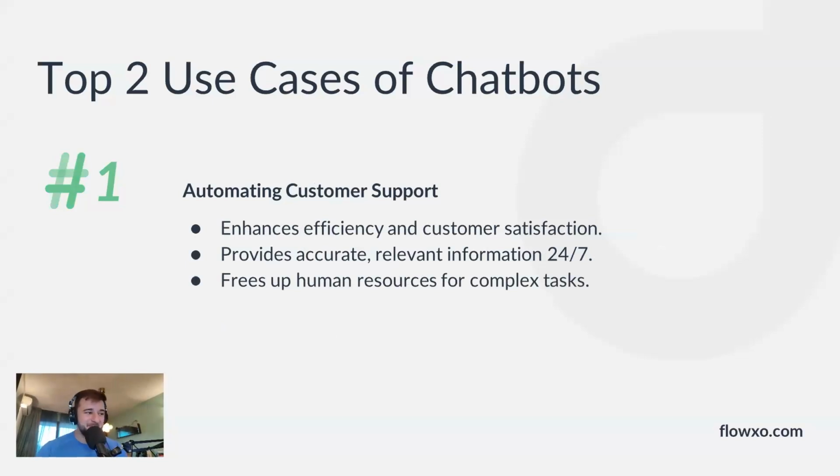This is where you would enhance efficiency and customer satisfaction. You would provide accurate and relevant information 24/7. And in fact, another client of ours, after integrating the chatbot, they raised revenue by 20% in the course of a year without changing anything else. And this was because users stayed more on the website, and so they generated more revenue through ads.